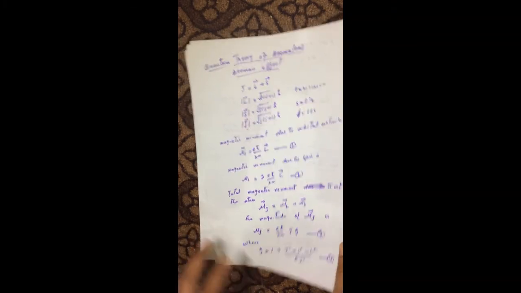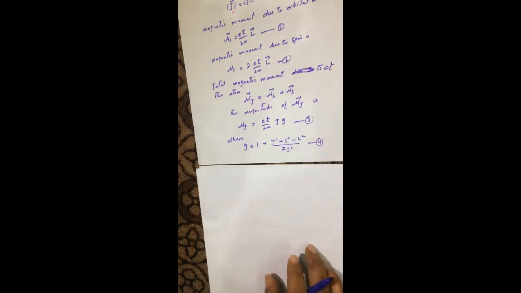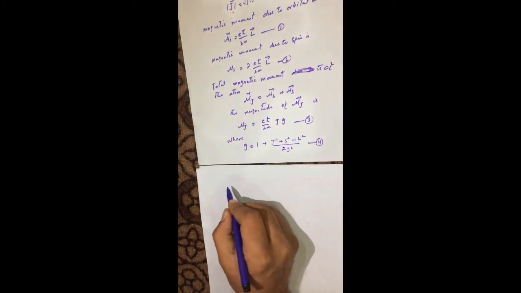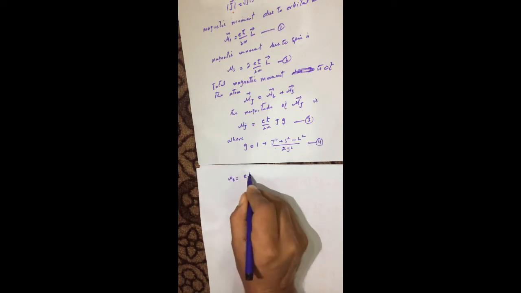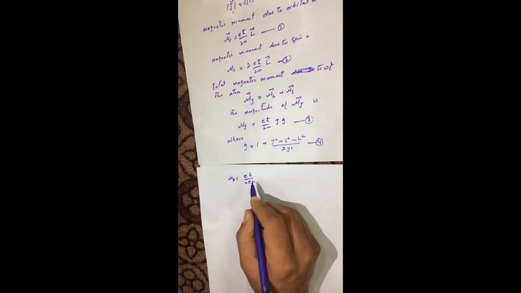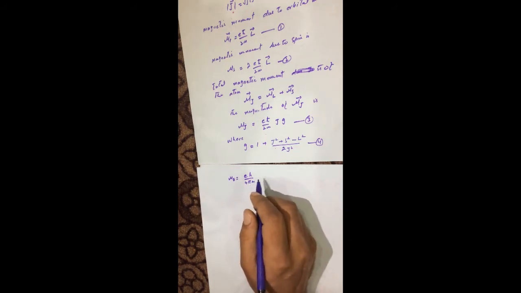Also, we know that the Bohr magneton μB is equal to eh over 4πm. This is the Bohr magneton.